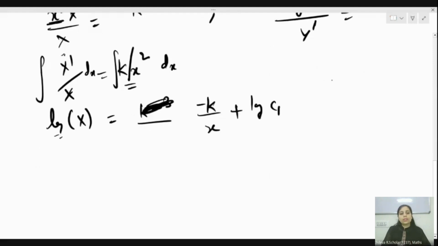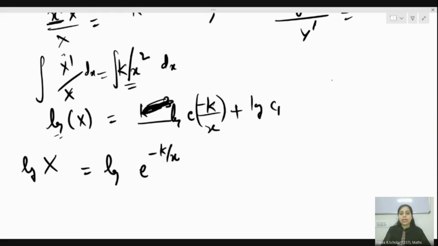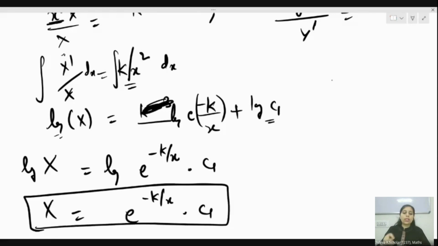So we can write this equation as log X is equal to log of e raised to power minus k upon x into C1. Log a plus log b is log a into b. So cancelling log both sides, we get X is equal to e raised to power minus k/x into C1. So this is the solution for x only.